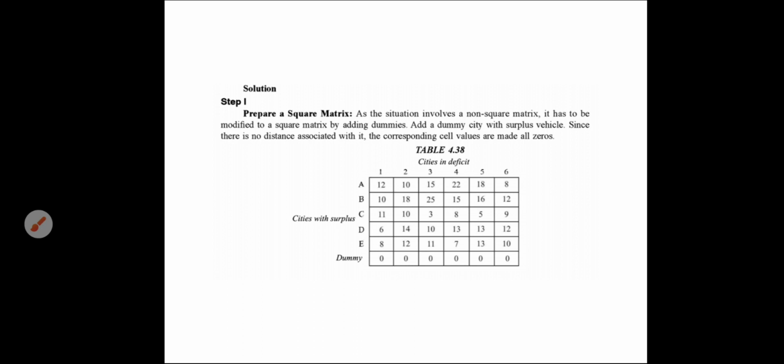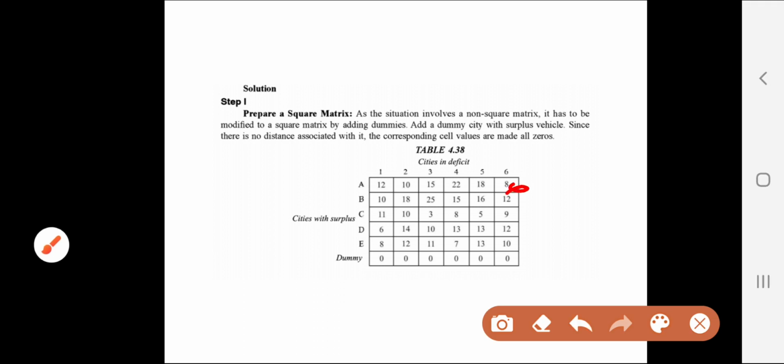Then start solving. Step 2: the minimum value of each row you subtract from all the elements in the same row. In the first row, 8 is a minimum, so you subtract it from all elements of the first row. In the second row 10 is a minimum. In the third row 3 is minimum.